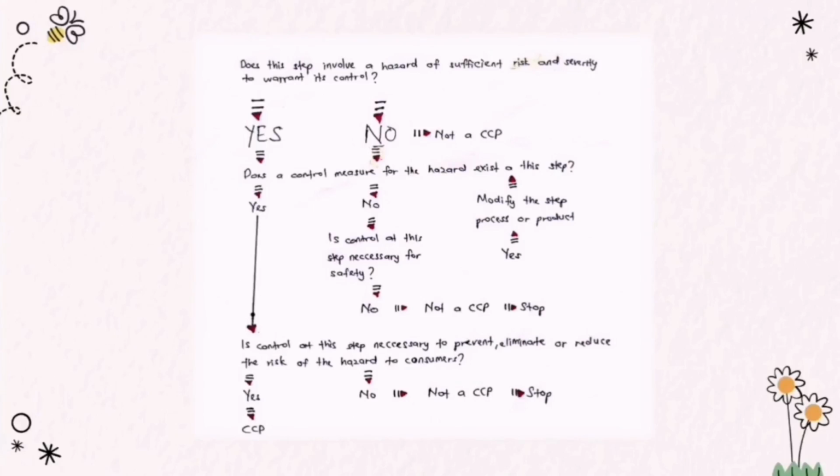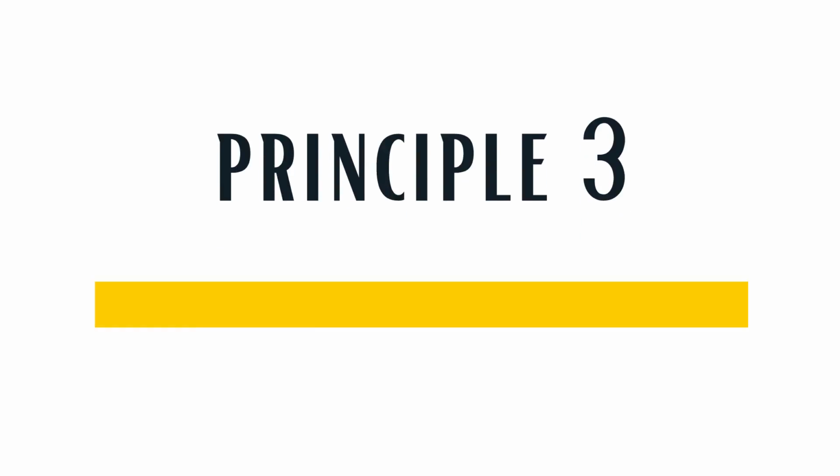And then second, does a control measure for the hazard exist at this step? Lastly, is control at this step necessary to prevent, eliminate, or reduce the risk of the hazard to the consumer? Each step is followed with yes or no.